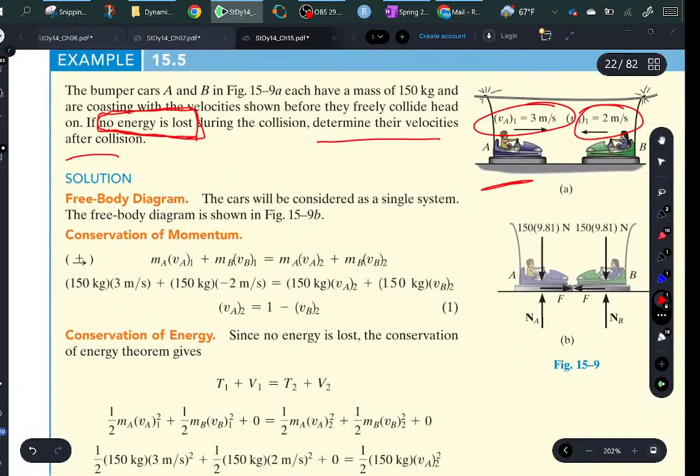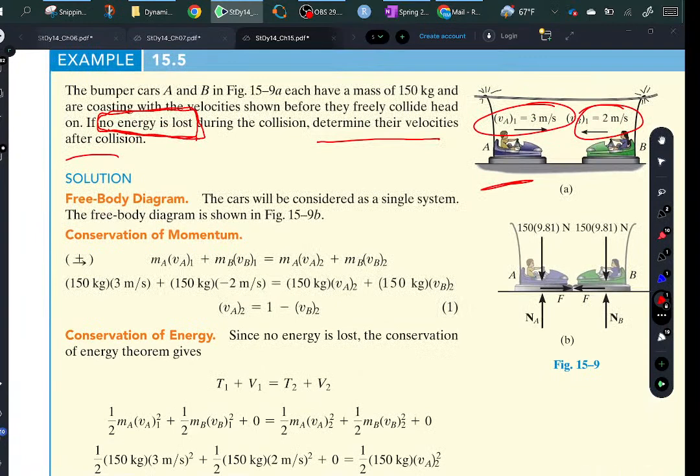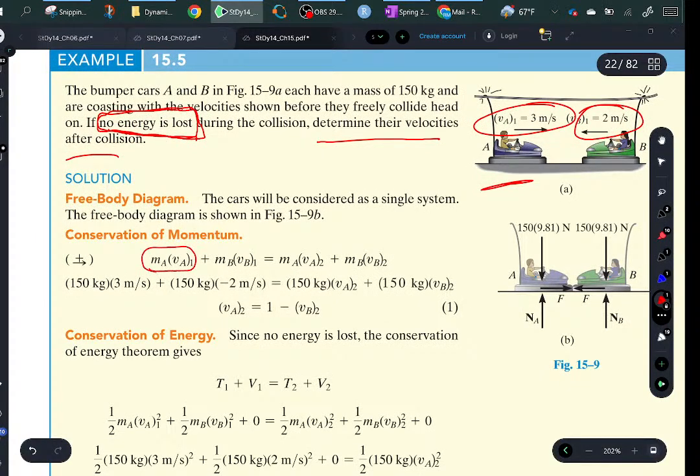Now, this problem is a little bit different because you were given, okay, so you've got the mass. You can put down the mass for all of them. You have this 3 meters per second right here. You have the minus 2 right here. But you don't have the final velocity of either one of them.